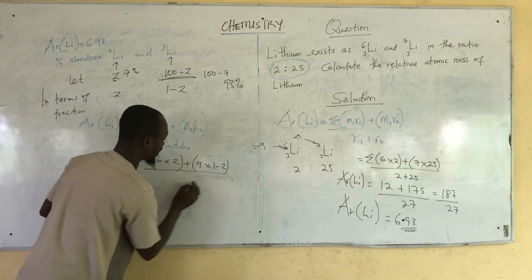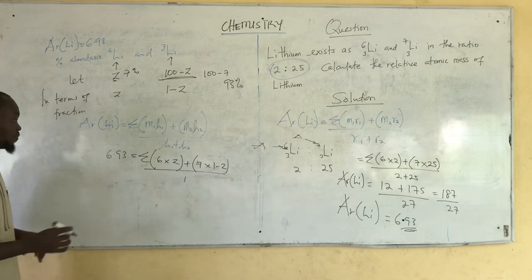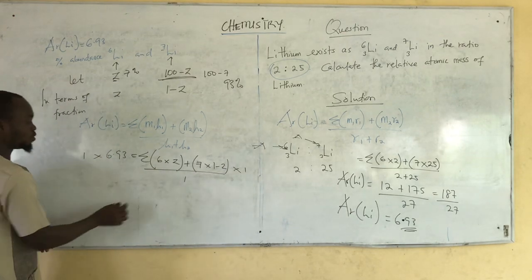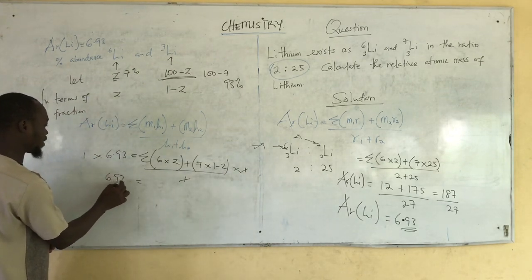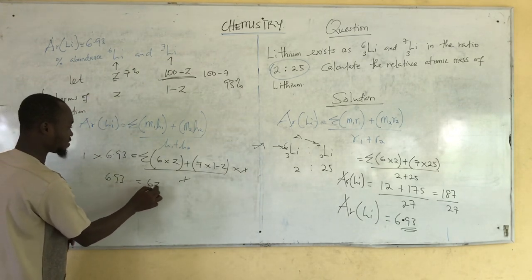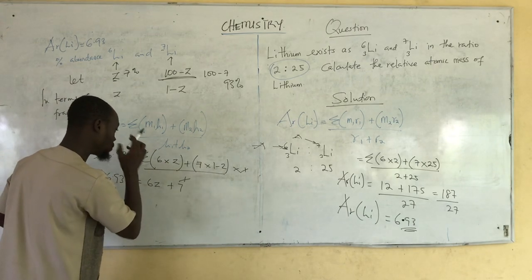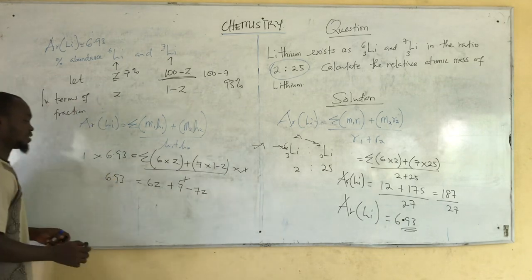All divided by 1, because we're talking about fraction. Is that okay? Fractional abundance. So we do cross multiplication to eliminate our 1 here. So we are going to get 6.93 is equal to 6Z plus 7 minus 7Z. Is that okay?